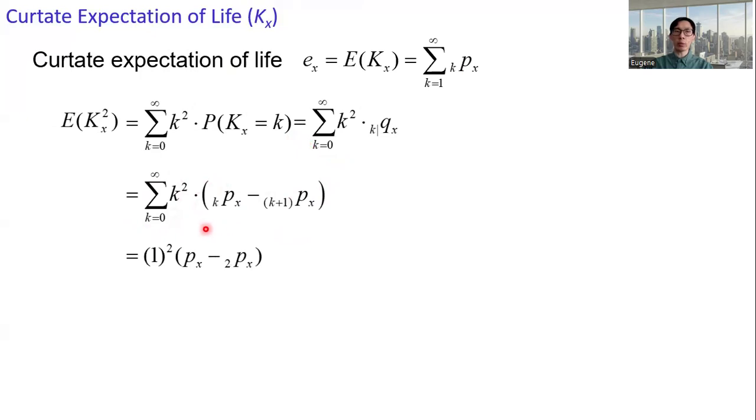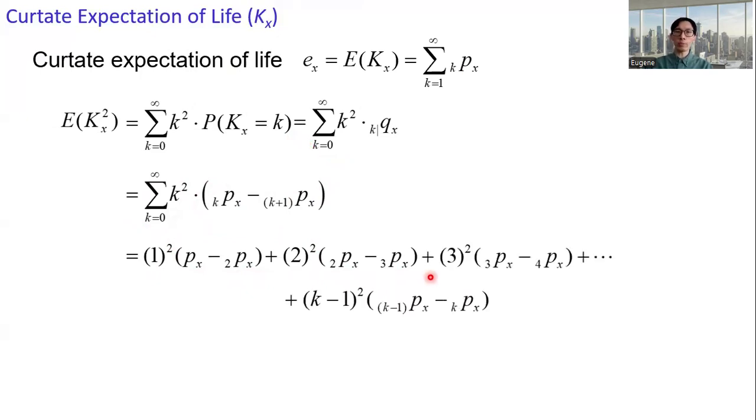So we start with k equals 1, we get 1 squared times px minus 2px. The second term, k equals 2, we get 2 squared times 2px minus 3px. And then the general term, we have k minus 1 squared times k minus 1 px minus kpx, and then plus k squared times kpx minus k plus 1 px.